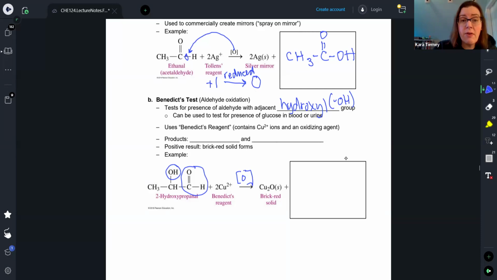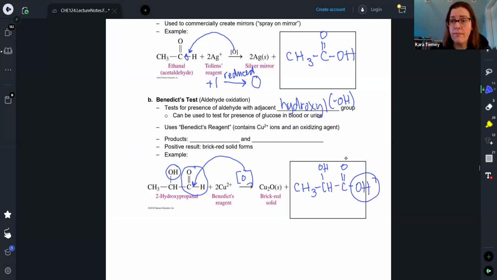So the oxygen from the oxidizing agent will oxidize the aldehyde in the way that we just learned. So let's rewrite everything else in this molecule as the same thing. The only thing that's going to change is the aldehyde. So the aldehyde keeps its carbonyl, C double bond O, but the CH becomes COH, and that's the change.